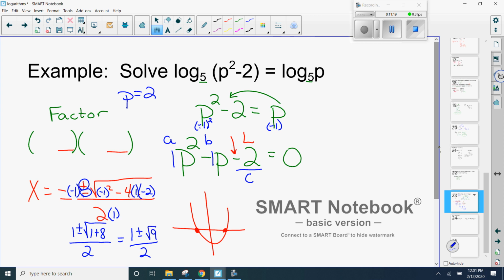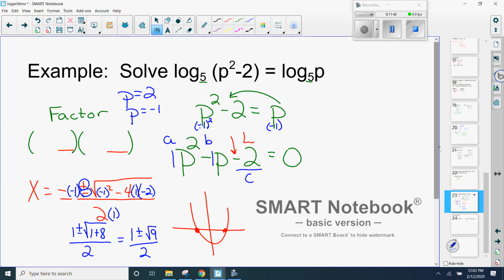Does that make that a true statement? Yes, it does. So P equals 2 and P equals negative 1 both make that a true statement.